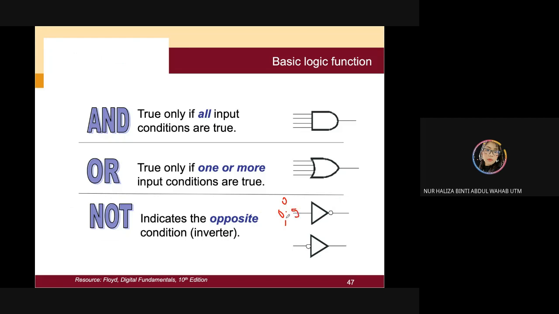In between there is nothing, so you will only have 0 and 1 as the input. And because of this, you will also have only 1 and 0 as the output. If the input is 0, it will reverse as an opposite, so the output will be 1. While if your input is 1, it's going to be 0 for the output.